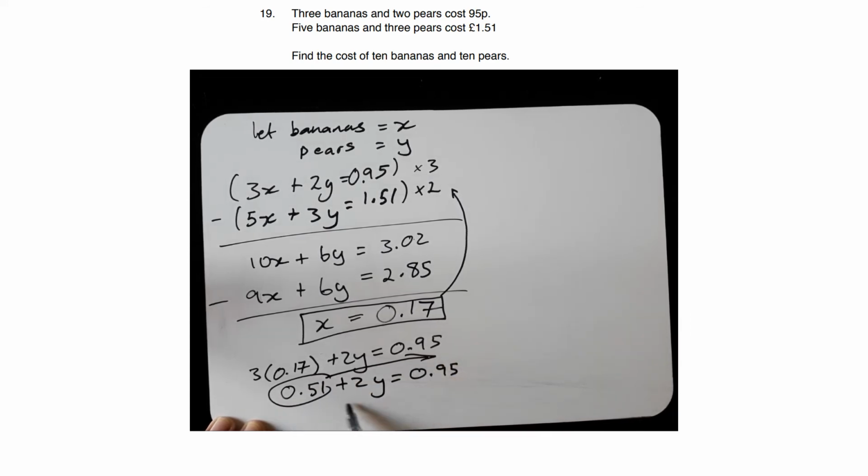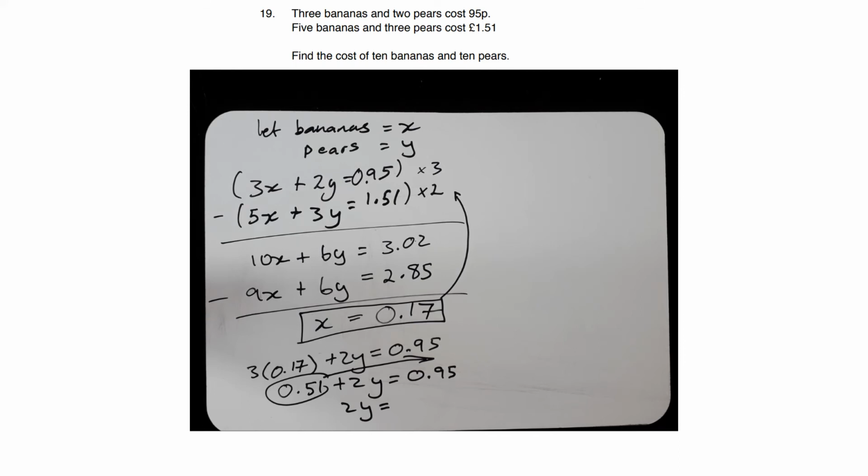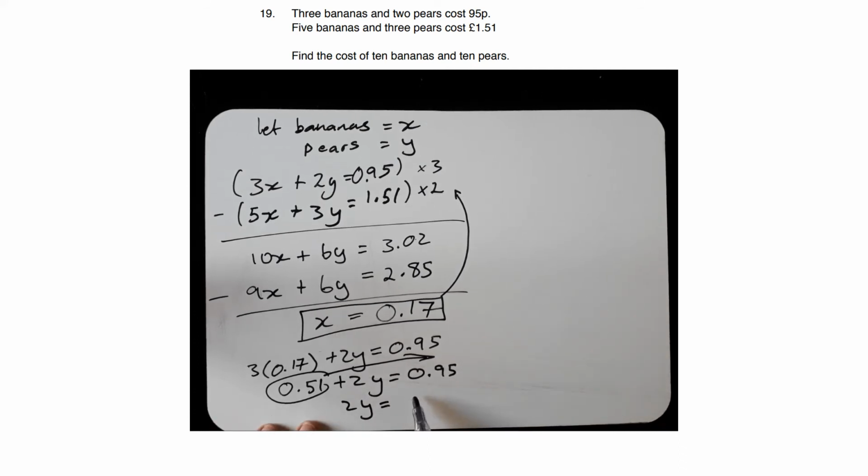Take this to the other side, 2y is equal to 0.95 minus 0.51, which is equal to 0.44.